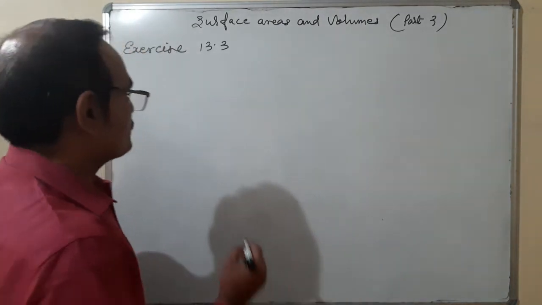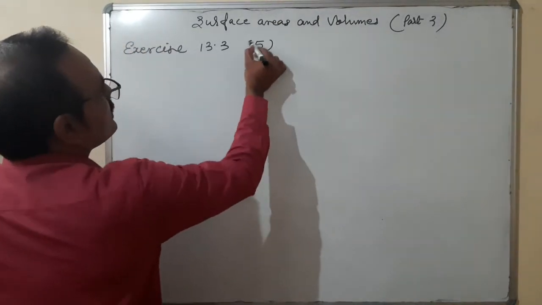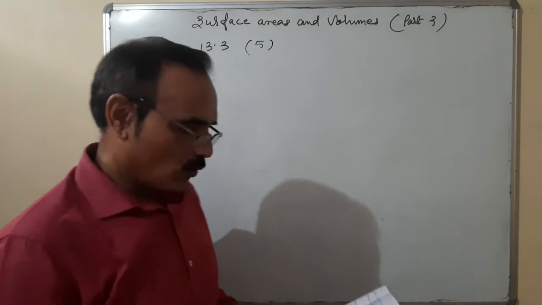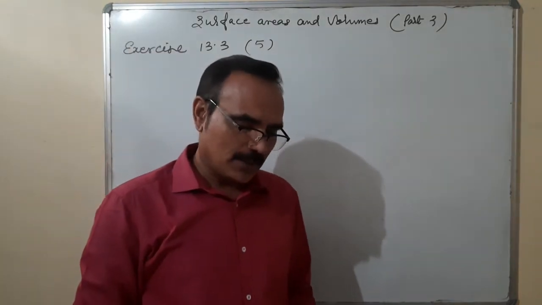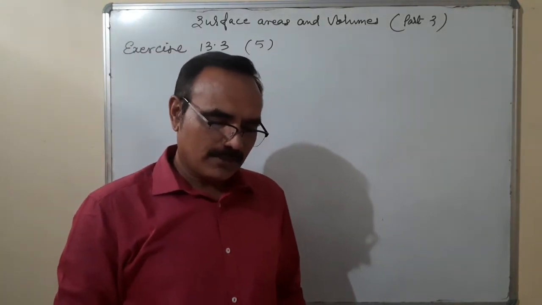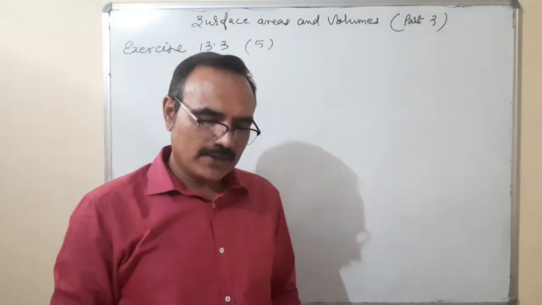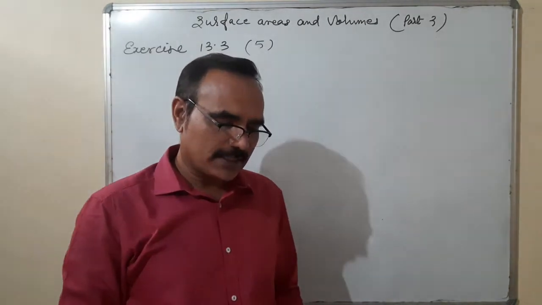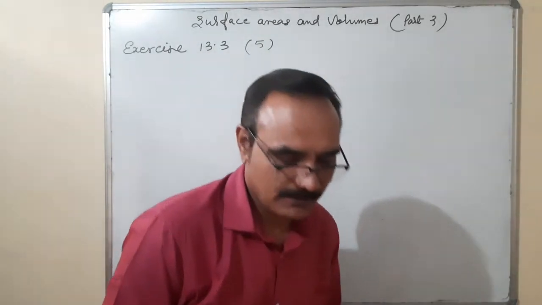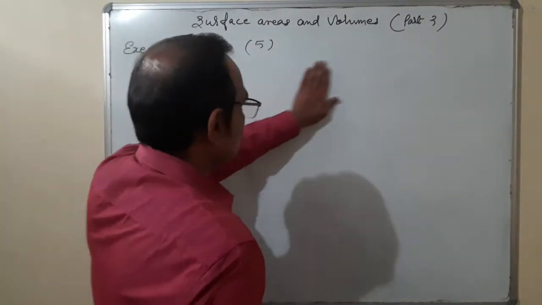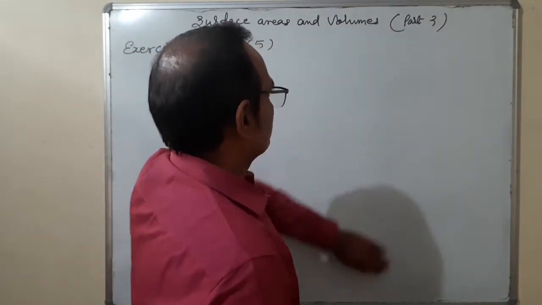Okay. Question number 5. In the fifth question they are asking what length of tarpaulin 3 meter wide will be required to make a conical tent of height 8 meter and base radius 6 meter. Base radius is 6 meter.